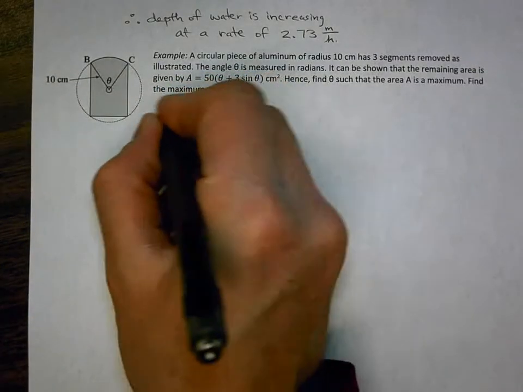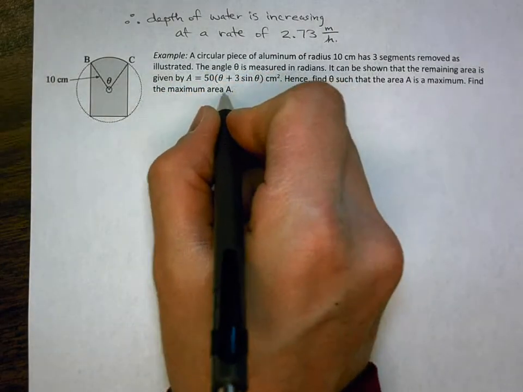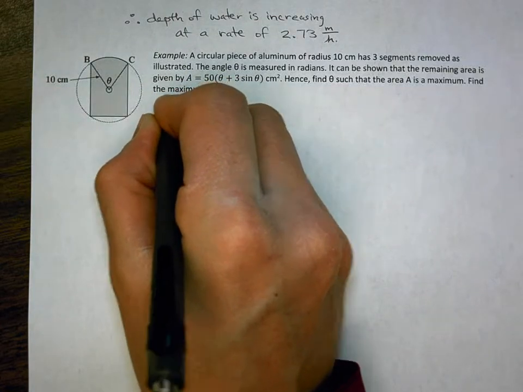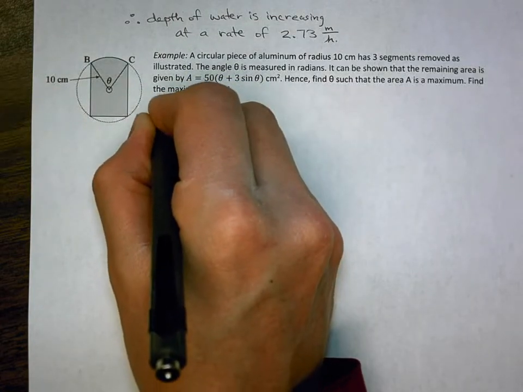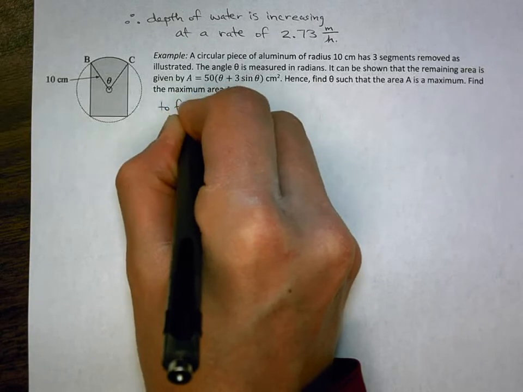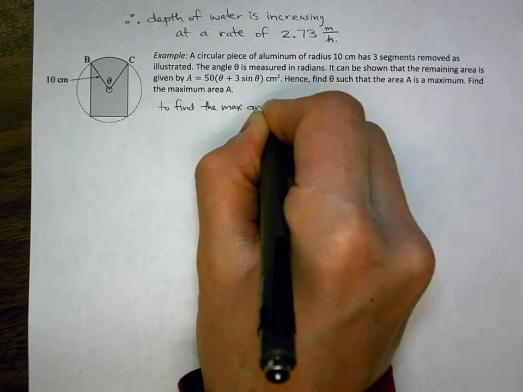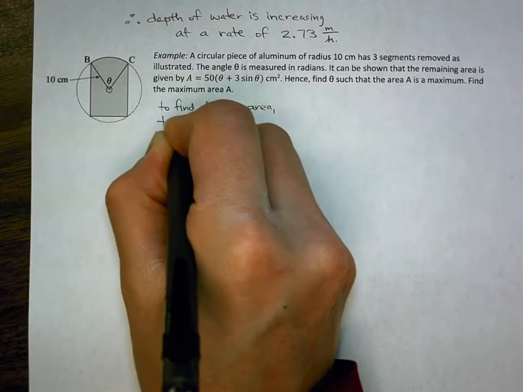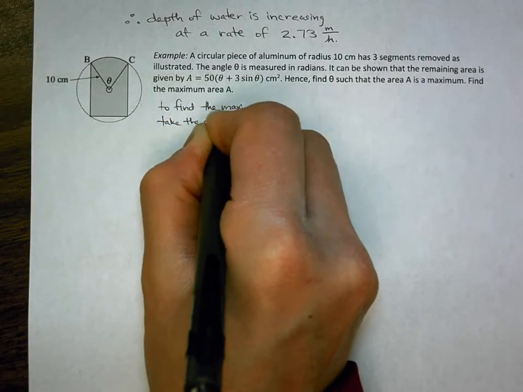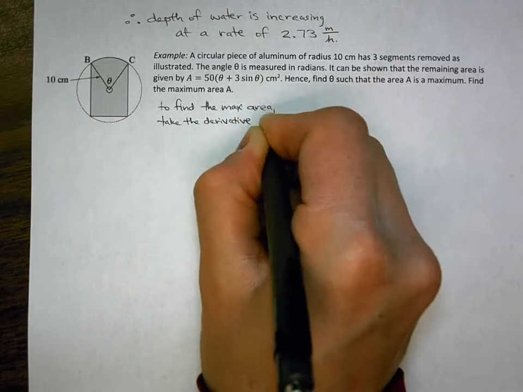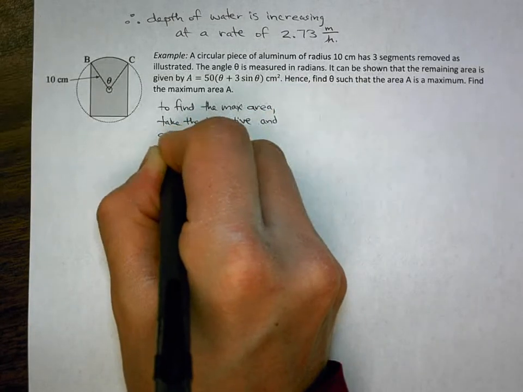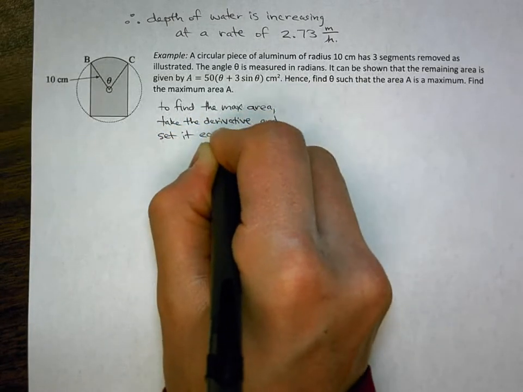To find the max area, we need to find the derivative, and we set it equal to 0.